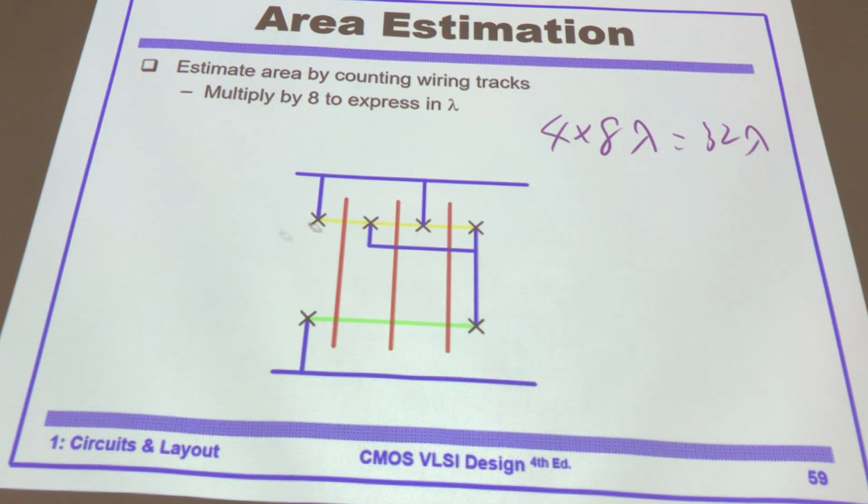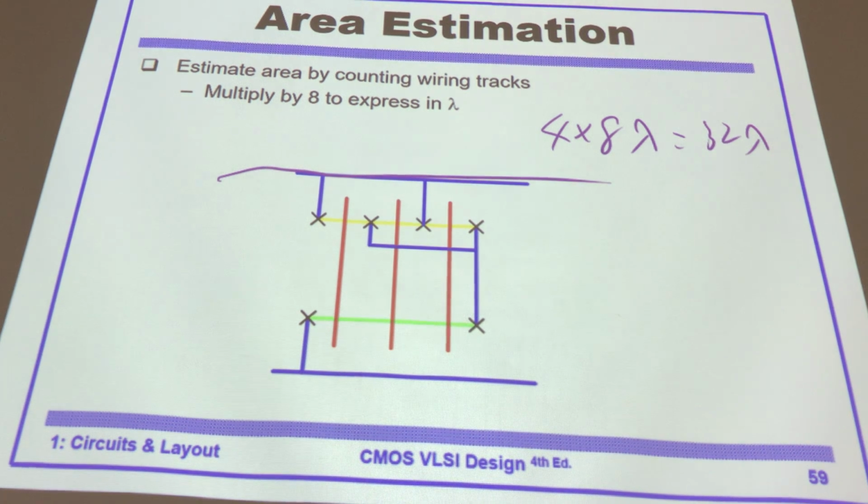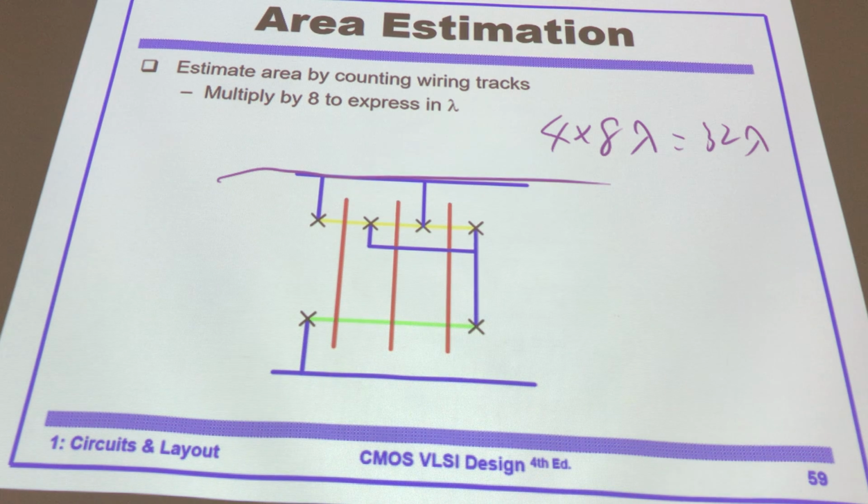Then we are counting horizontal wiring tracks. How many? One wiring track. And then what? Here is a wiring track. This PMOS transistor. This is metal, the contact. So this is a wiring track here.